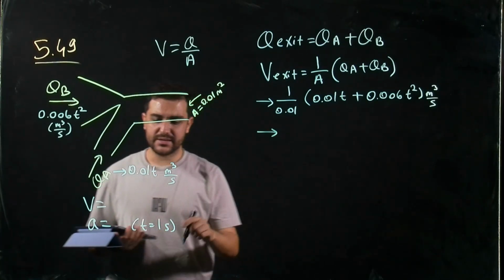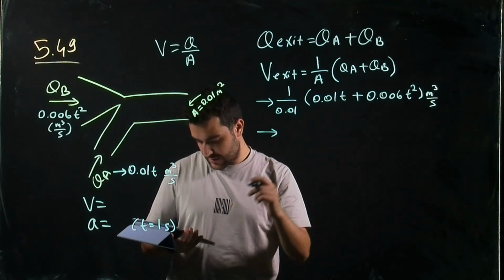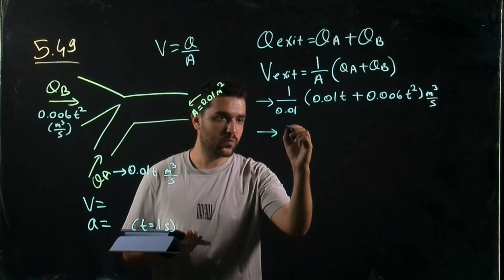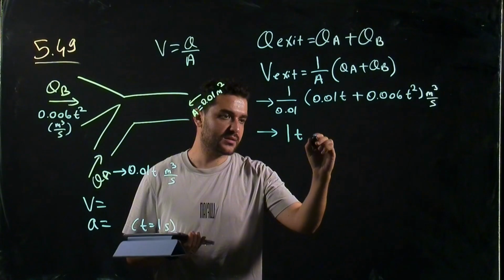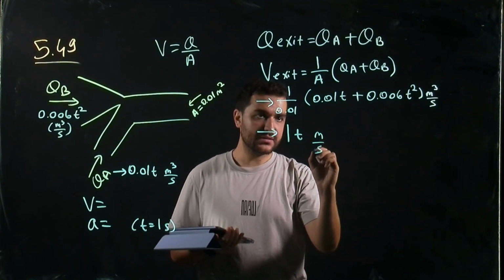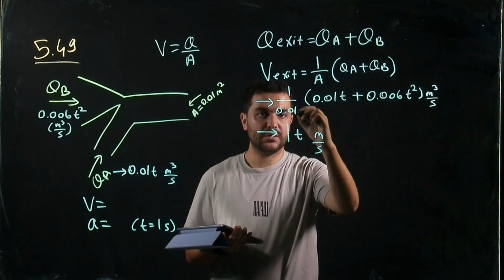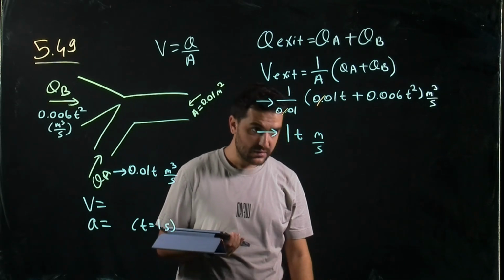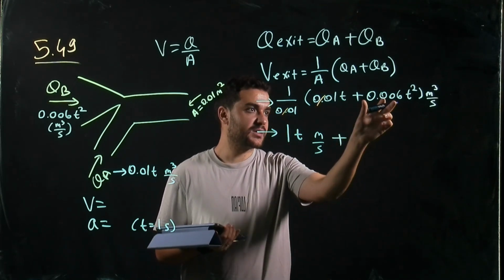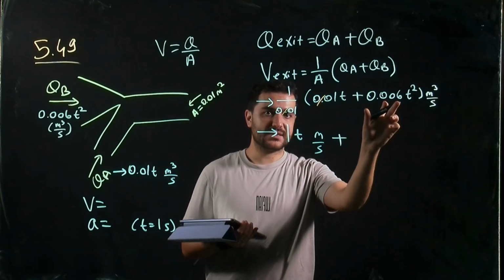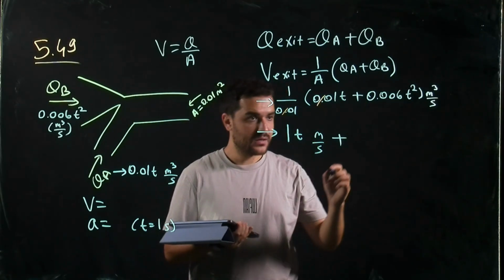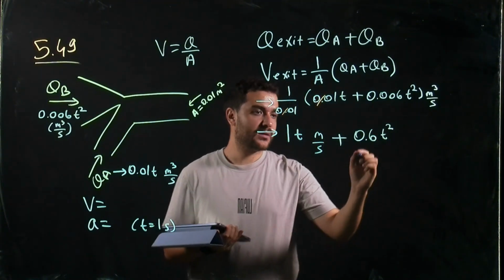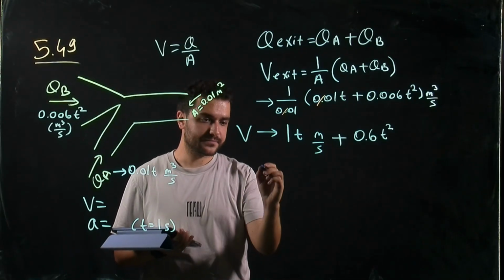From here, t is given as 1 second, so we will get 1 t meter per second, and it's coming from the 0.01s canceling each other out, plus now we are dividing 0.006 by 0.01, and this gives 0.6 t squared, and this is the velocity term.